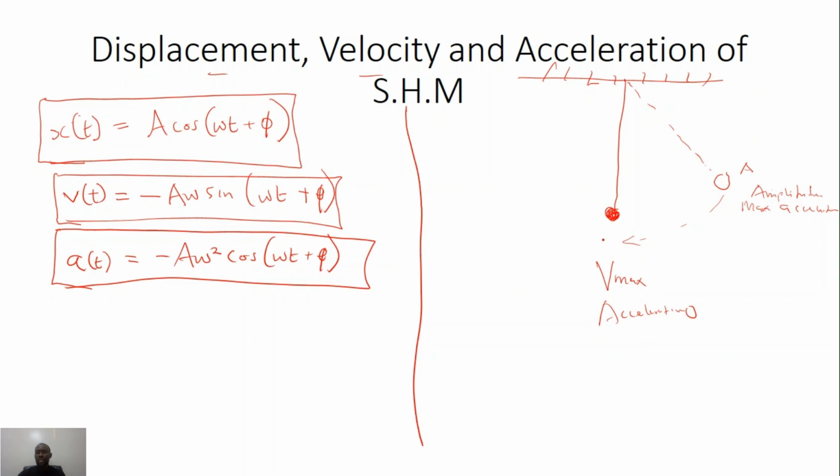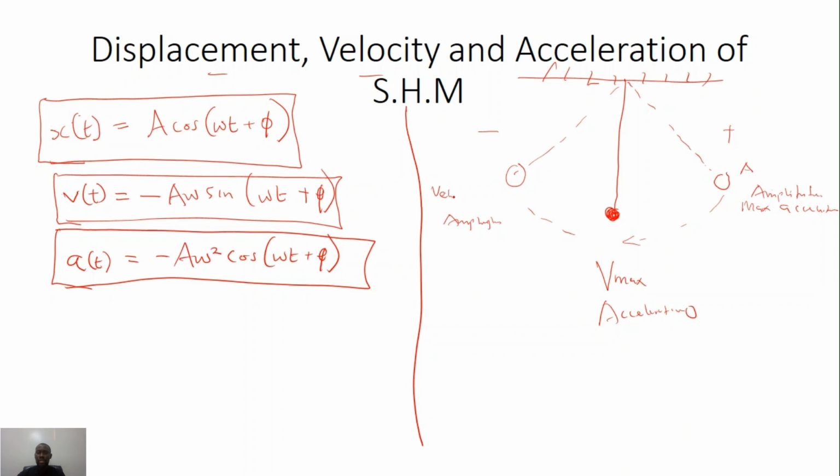So when this body continues and overshoots its equilibrium position, it moves to this point B. Similar to this place, this is the amplitude. That's the maximum displacement; if this happens to be the positive direction, this will be in the negative direction. And at this particular point in time, the velocity is equal to zero.